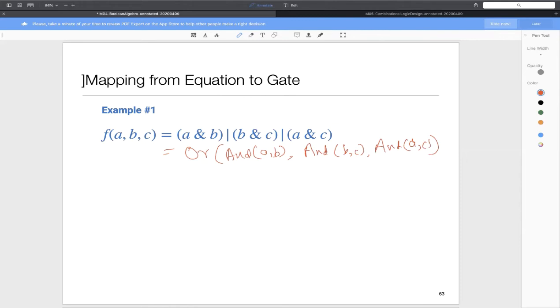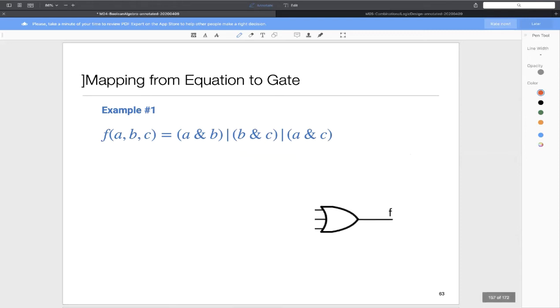I can write it in a function-type form, in programming language terms. If you think of it this way, my outer operator is OR. That is the top-level operator. The fact that I'm doing 2 ORings just says I have a 3-input OR. Then the next level down is AND gates.